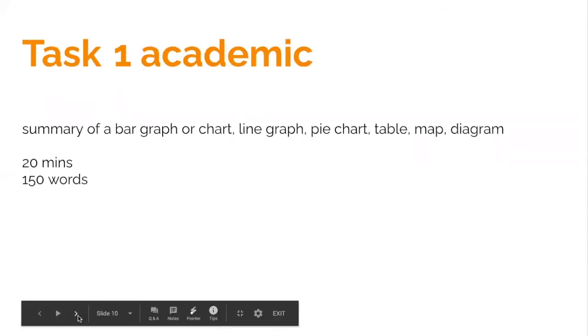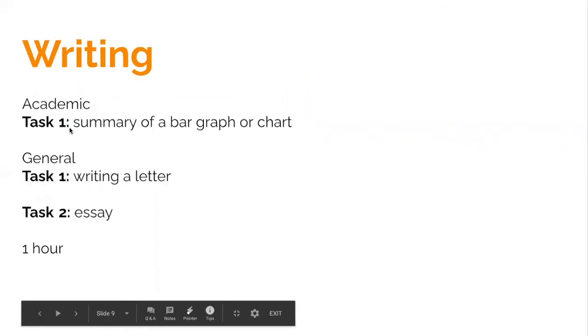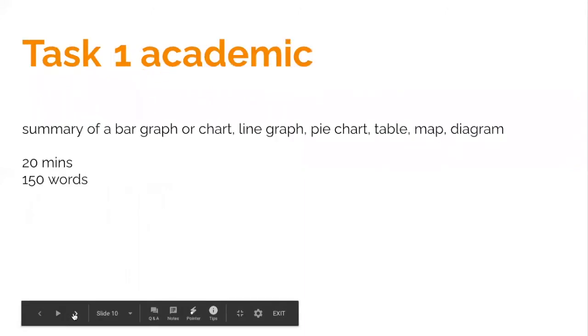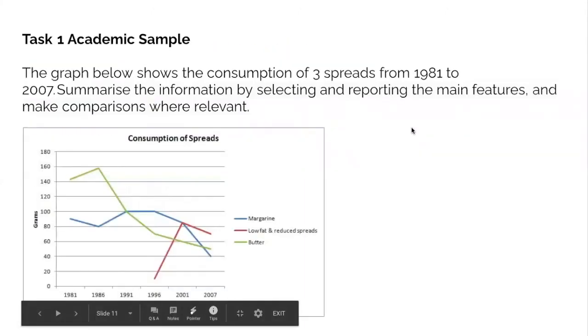Okay, now I wanted to talk about the differences. As I said, for the academic version of the test, you have to write a summary of a bar graph or chart, so let's look at what this task usually looks like. For example, guys, as you can see here, there's a graph. It shows the consumption of spreads.